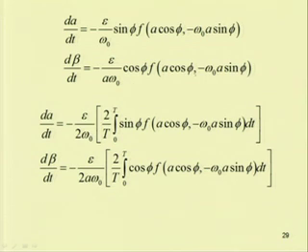As already pointed out, a and beta are slowly varying functions of time, and the right sides are periodic, as we have sin phi and cos phi terms.